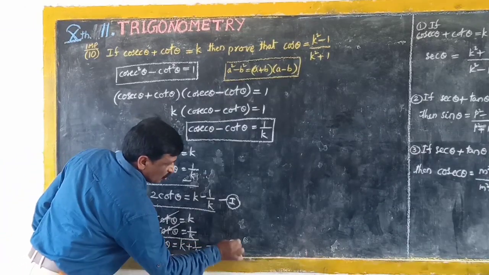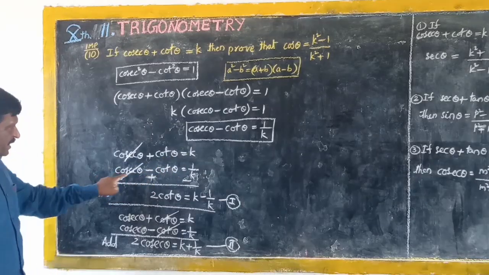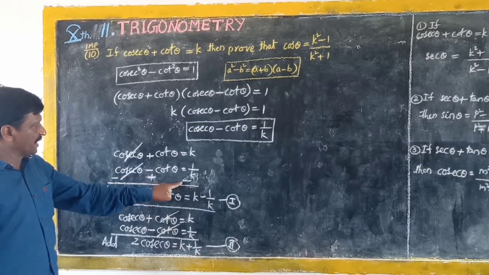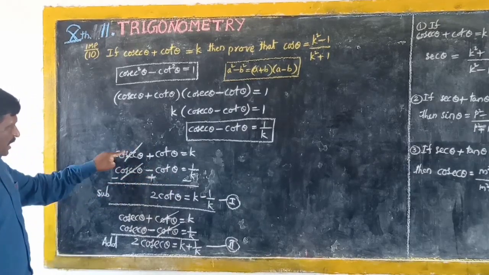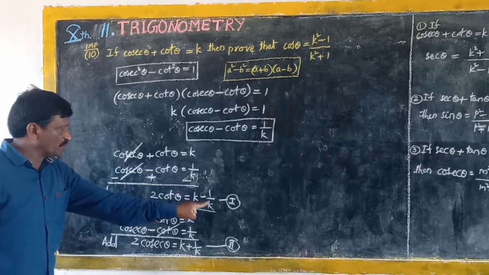This is the second result. Subtracting gives 2 cot theta is equal to k minus 1 by k.